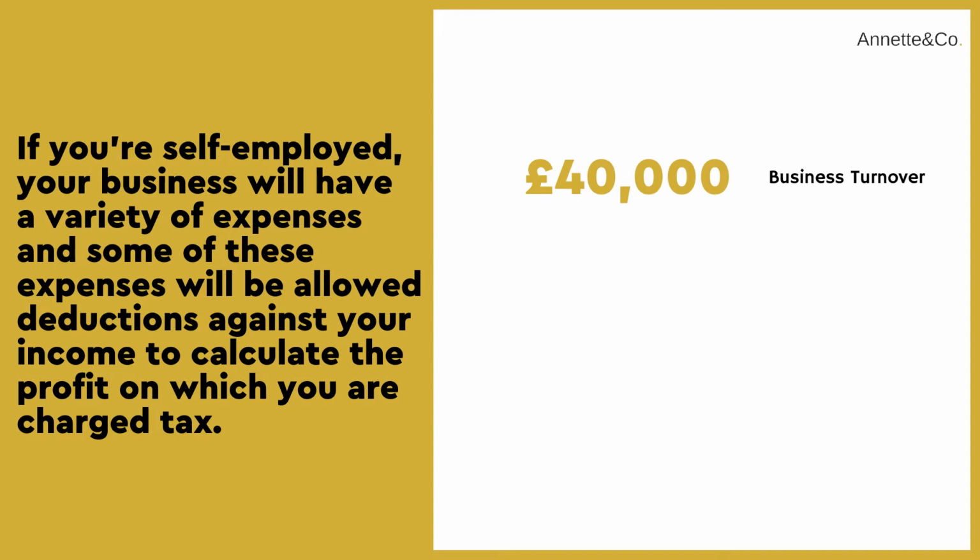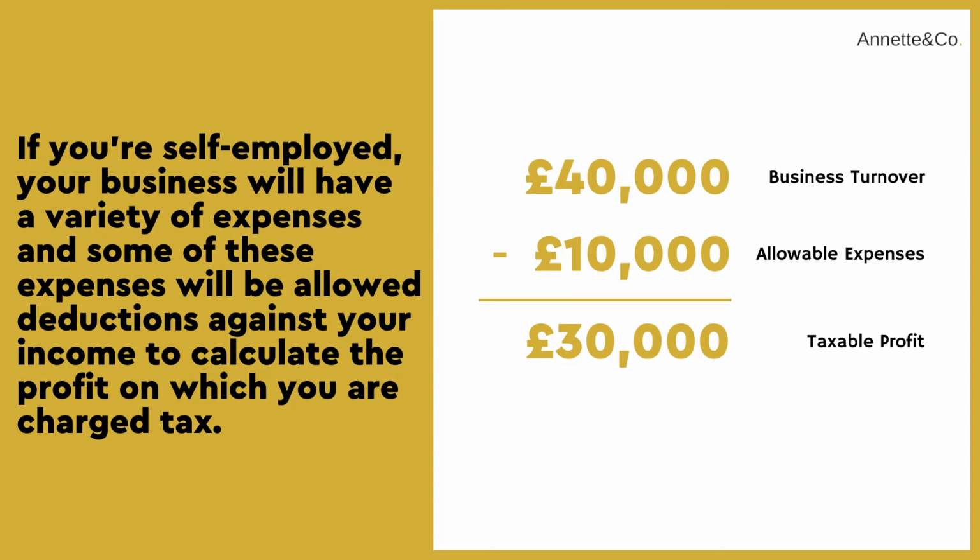And let's say that your allowable expenses are £10,000 a year. That means the balance, £30,000, is the profit, and that is the number that is used to calculate how much tax you pay as a self-employed person.